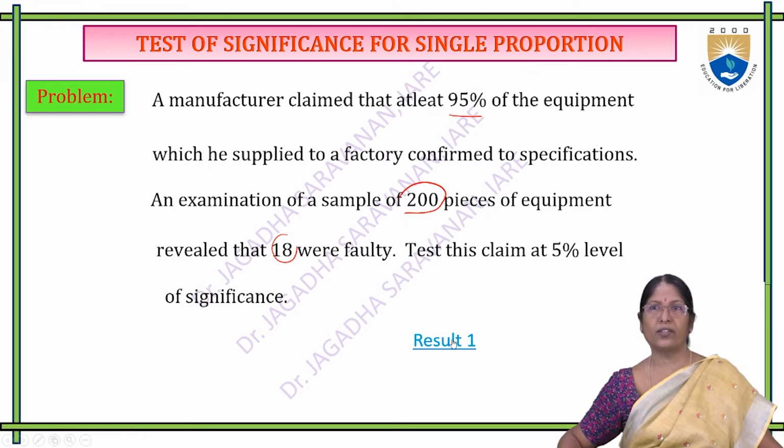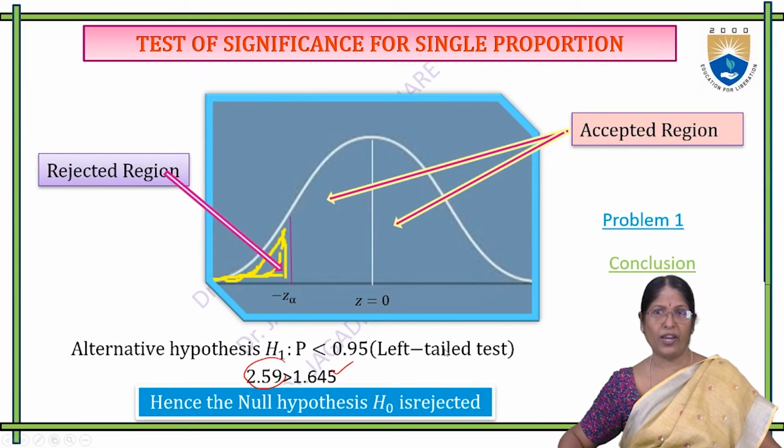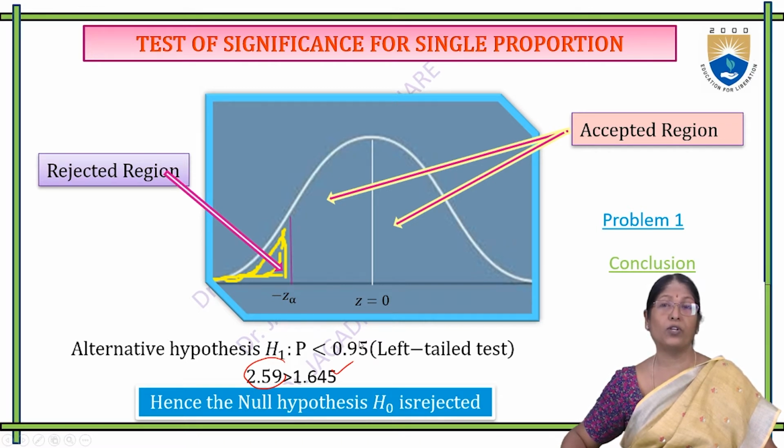So we selected the left tail. The null hypothesis, where we defined capital P, the population proportion, equal to 0.95, is rejected, taking the left tail. So the null hypothesis is rejected.